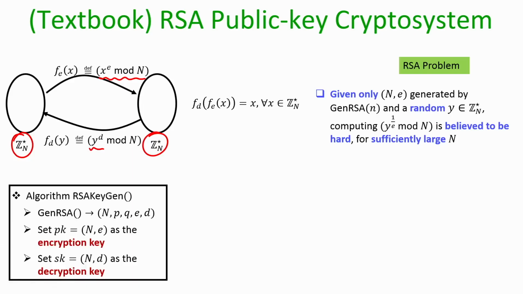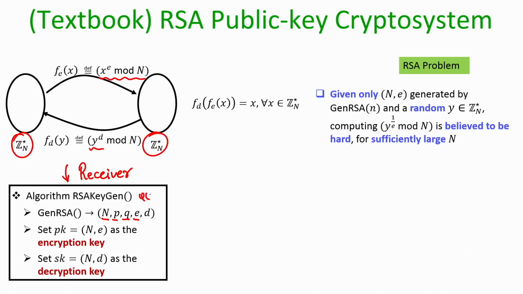Now, the way the RSA crypto system works is as follows. Remember, there is a sender and a receiver. What the receiver will do is the following. The receiver will run the parameter generation algorithm, namely it will pick a random prime number p, a random prime number q, and compute their product n. It will pick an exponent e, which is relatively prime to phi of n.